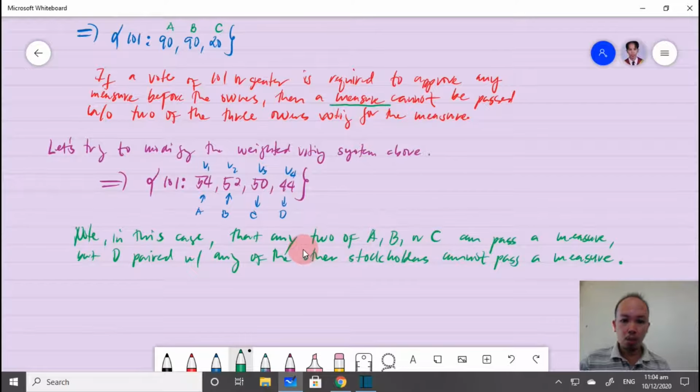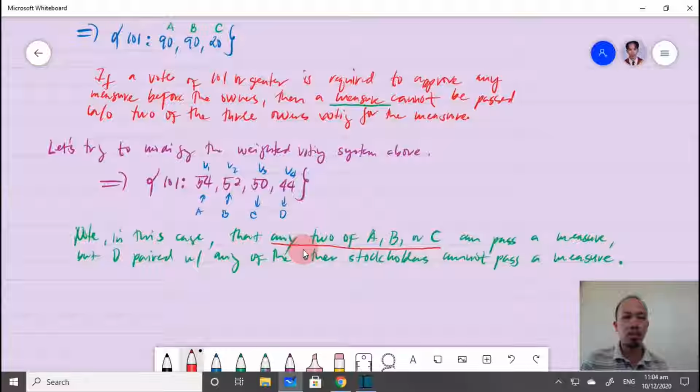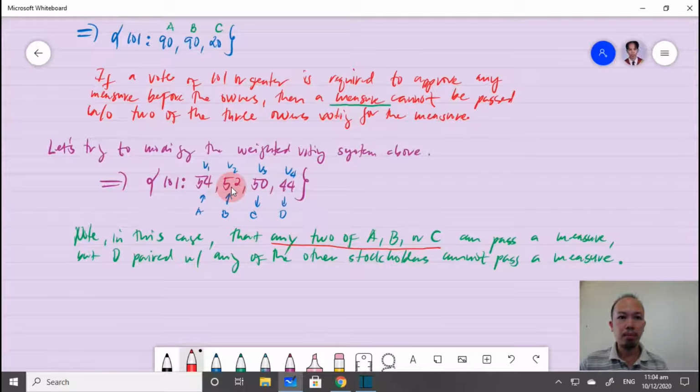Any two of the stockholders, as you can see here: 54 plus 52, which is 106, is greater than 101, or 54 plus 50 is 104, which is greater than 101, or 52 plus 50, which is 102, which is greater than 101.